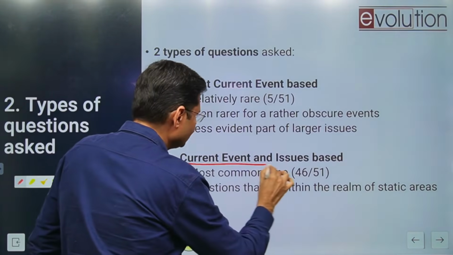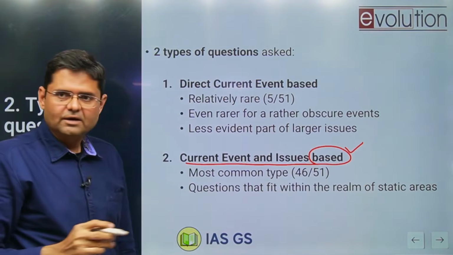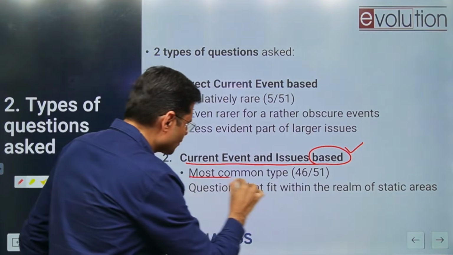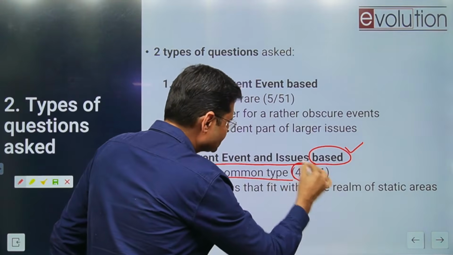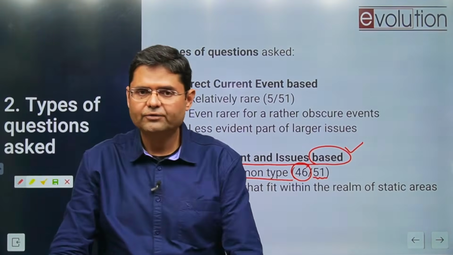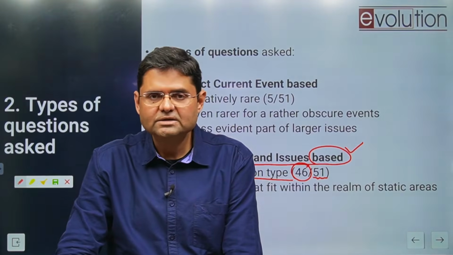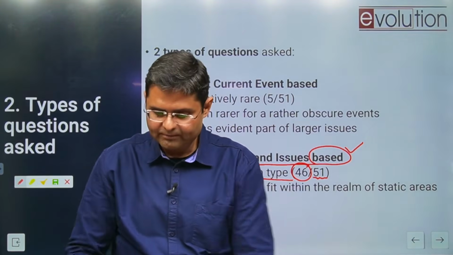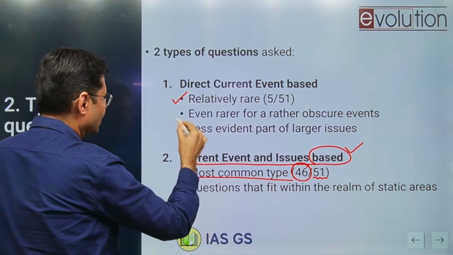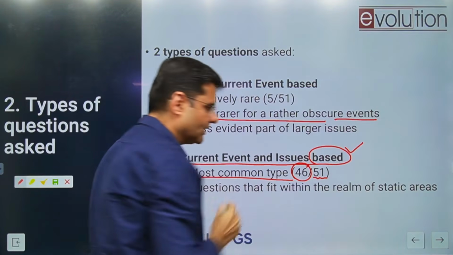So current events and issue based questions, based on them, not direct but based on them, right? This is the most common type of question. 46 out of 51 questions were triggered by current affairs but not directly based on the factual dimensions of what has been happening. Okay? So direct current event based questions are rare, and even rarer for rather obscure events.